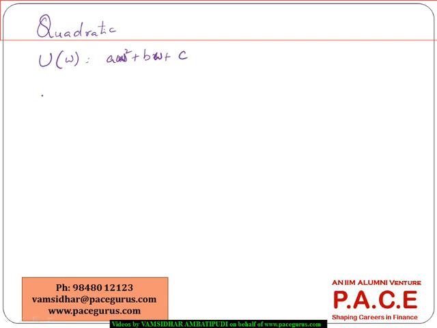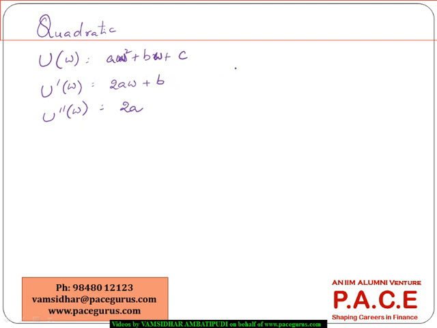Even to this, I can find u dash of w, giving me 2aw plus b, whereas u double dash of w gives me 2a. So these are my utility function and their first and second derivatives.